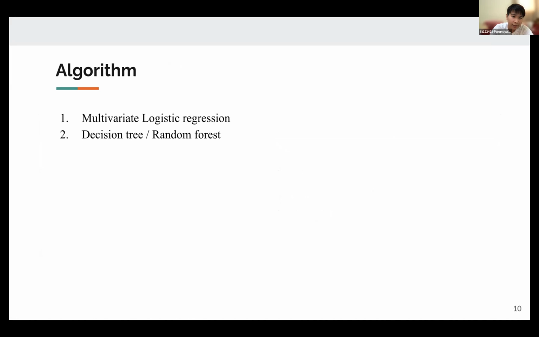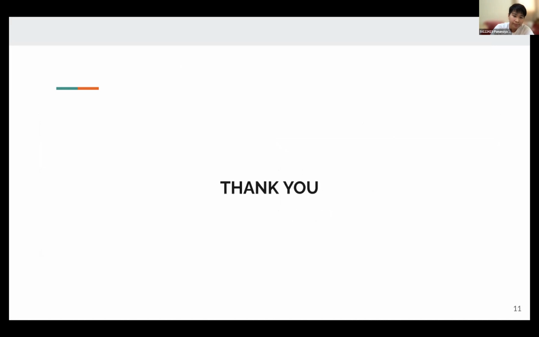And the algorithms that we will use are logistic regression and decision tree or random forest. Thank you. Any questions for our group?